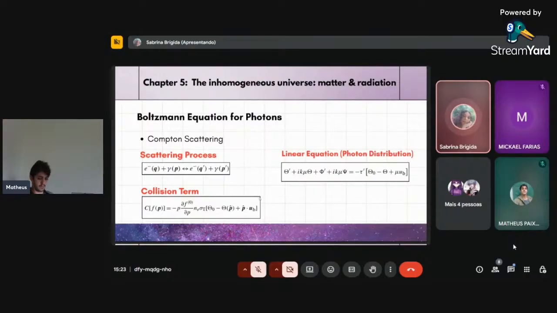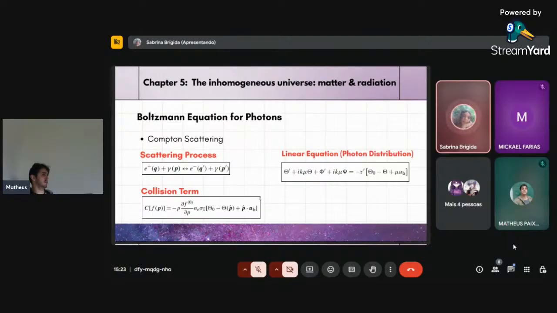Perturbations in the CMB will remain small at all cosmological epochs, while, on the other hand, the perturbations to matter are only small in the early universe. So they grow a lot and become nonlinear, and then they can form collapsed objects such as galaxies, for example.